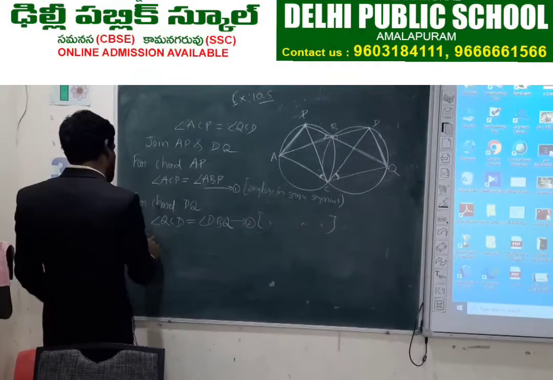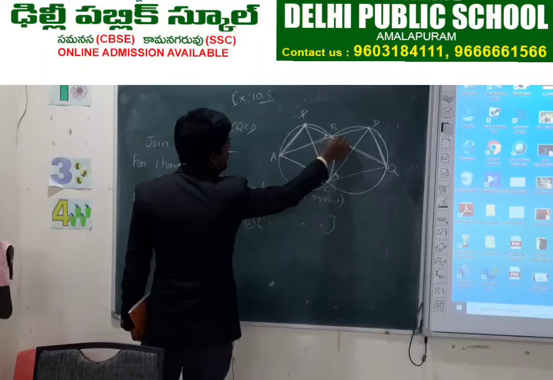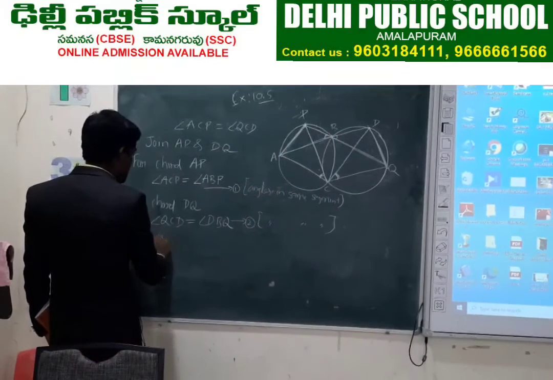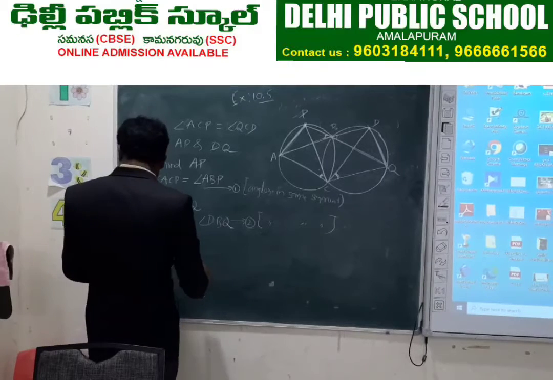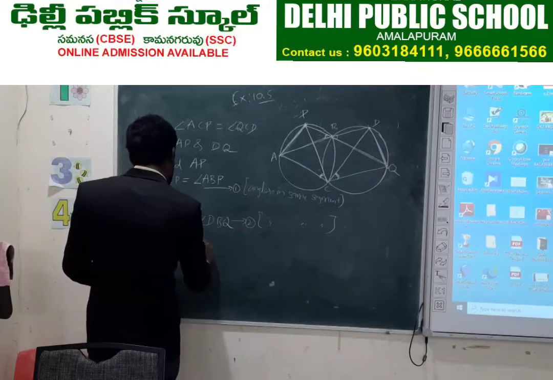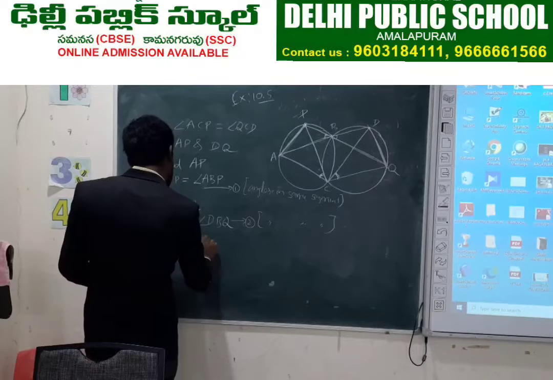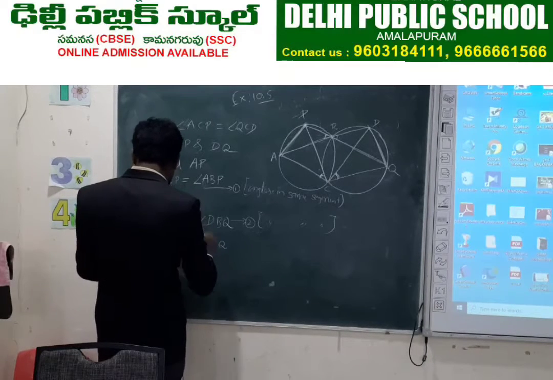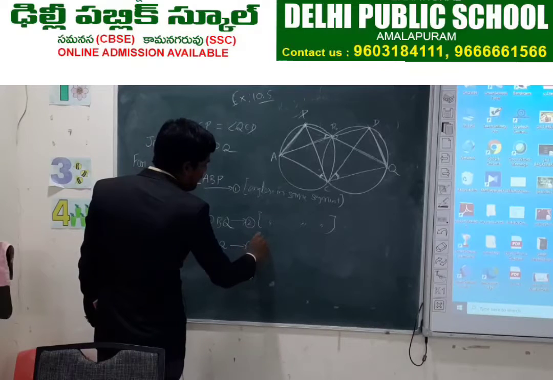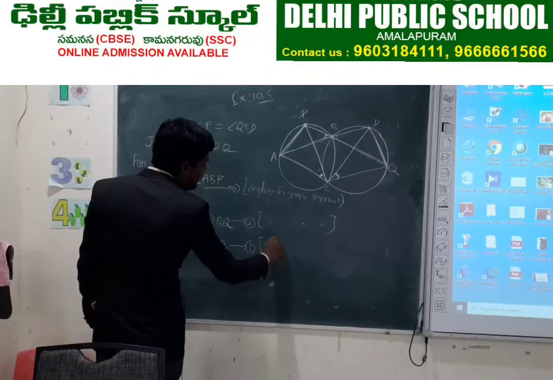Then here this one, this angle is equal to this. So angle ABP is equal to angle DBQ. Vertically opposite angles are equal.